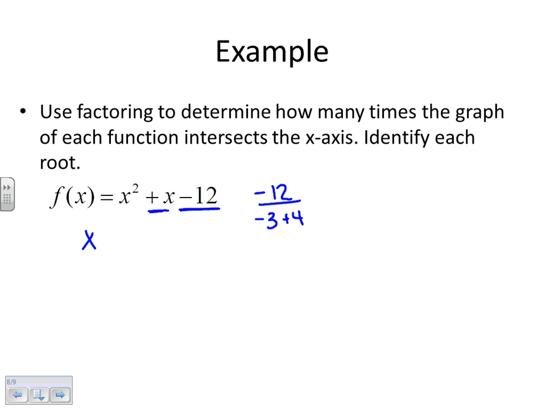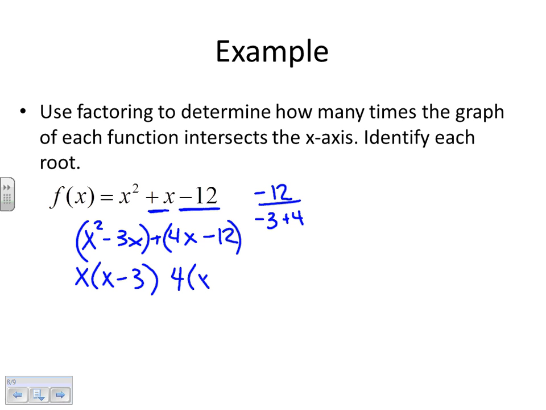So we rewrite this as x squared minus 3x plus 4x minus 12, group these together, and we factor out an x, x minus 3, factor out a 4, x minus 3. We can rewrite this as x minus 3, x plus 4.